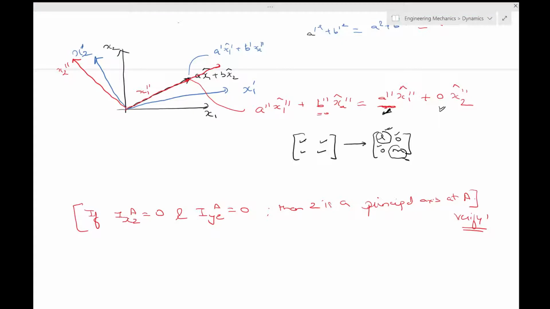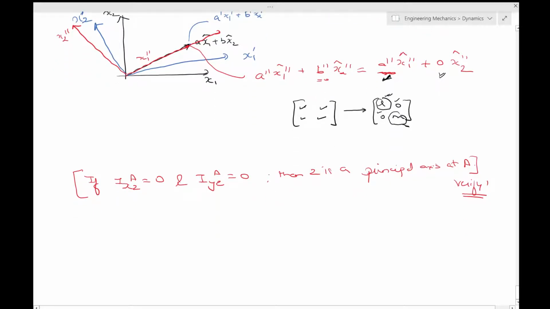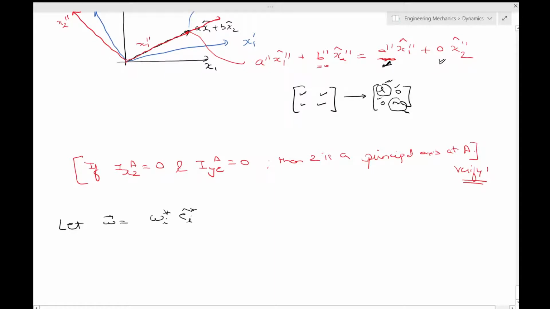Now let's take up this omega. Let omega, this vector, be omega_i star e_i star. Now we want to write H_A in terms of the principal system.